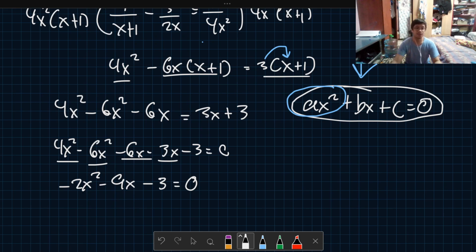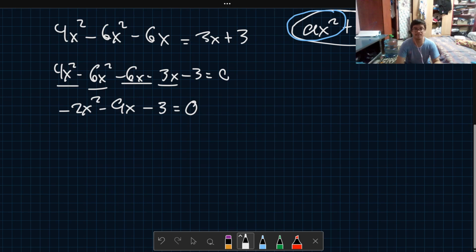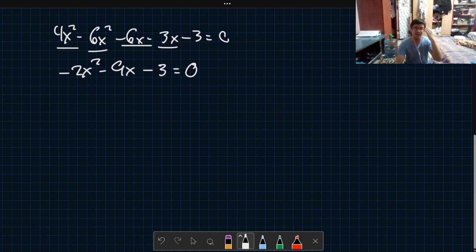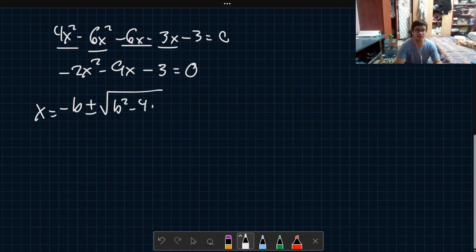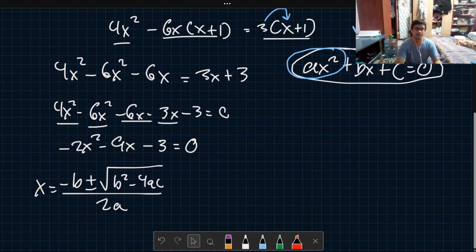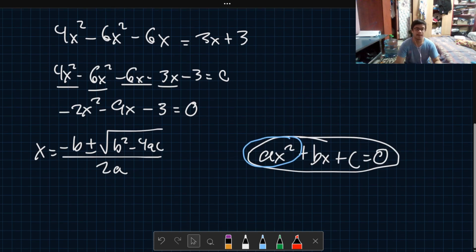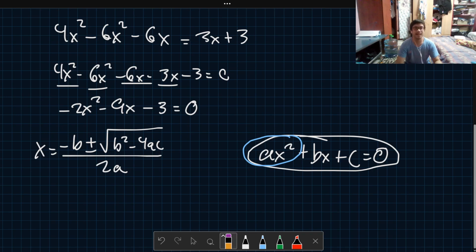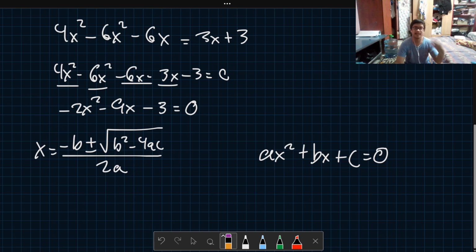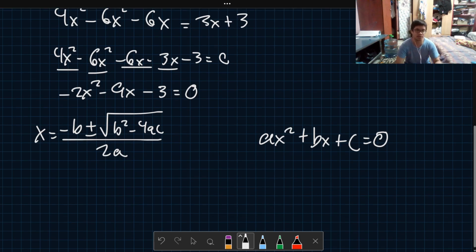In my case, I would rather use the quadratic formula because I believe this is not factorable and it would be convenient to solve this one by quadratic formula, which is x is equal to negative b plus minus the square root of b squared minus 4ac all over 2a. Now, what is your a, what is your b, and what is your c? Your a is just simply beside x squared. Your b is just beside x. And c is just the constant term.